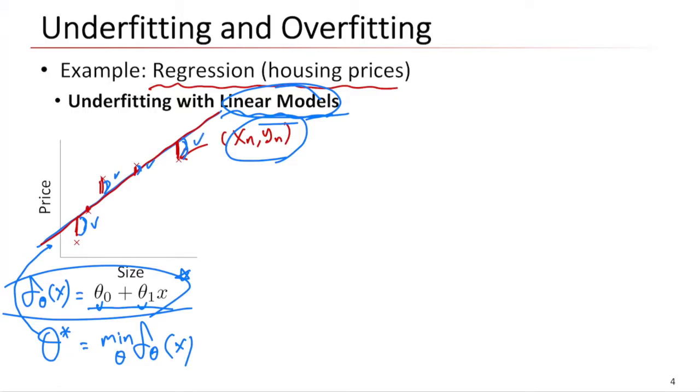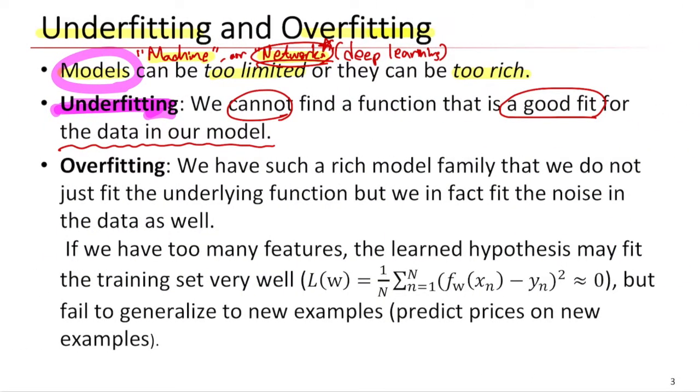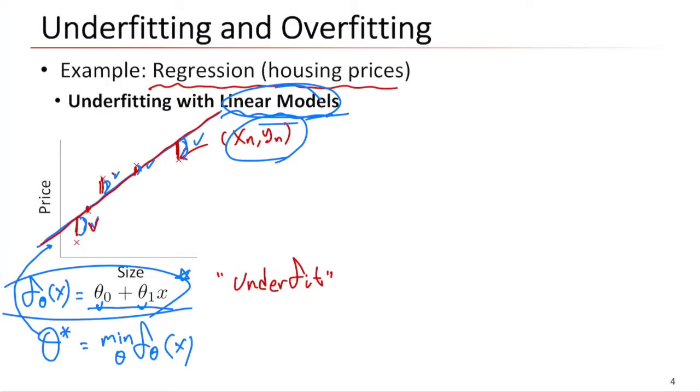This is called the underfit problem. Underfitting means we cannot find a function that is a good fit for the data in our model because there is inherent error like here.